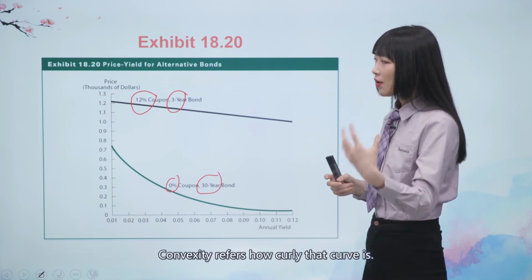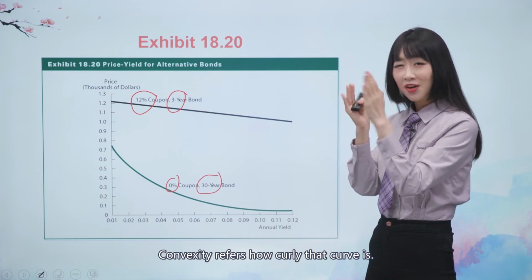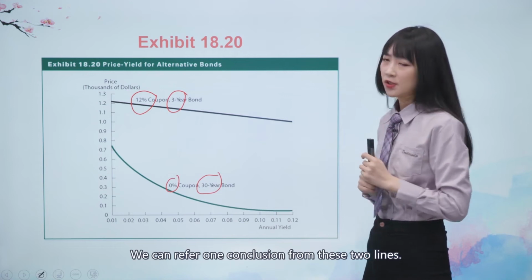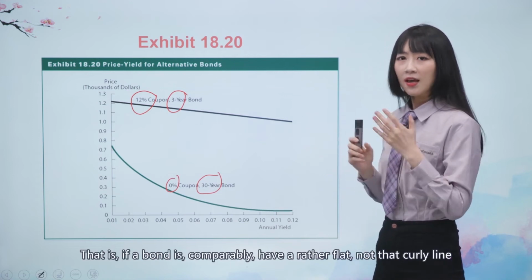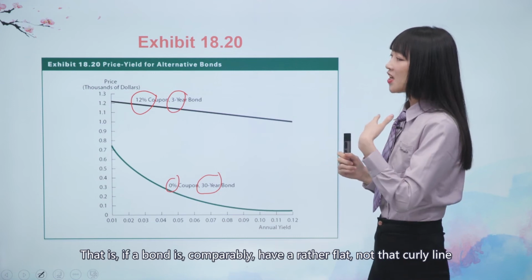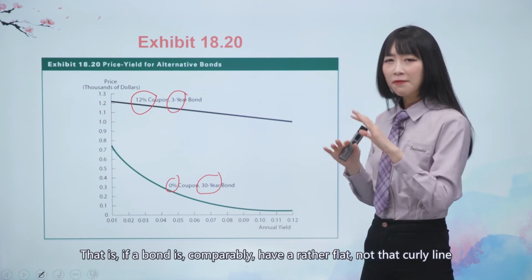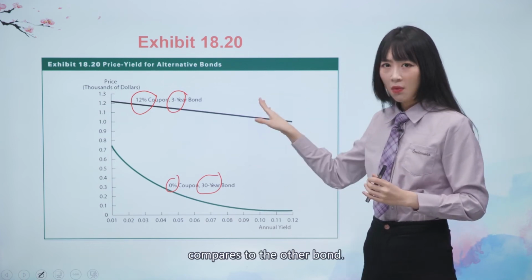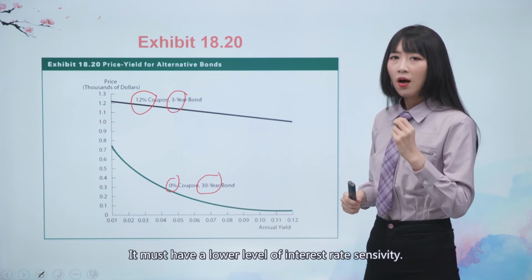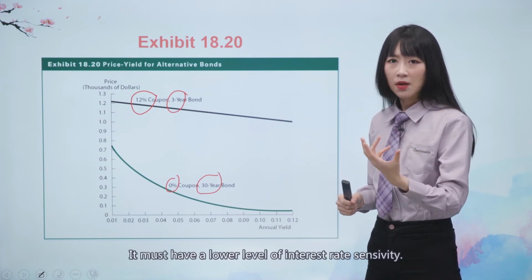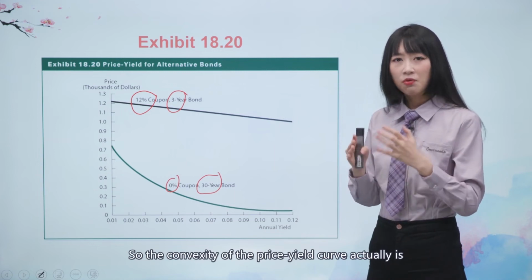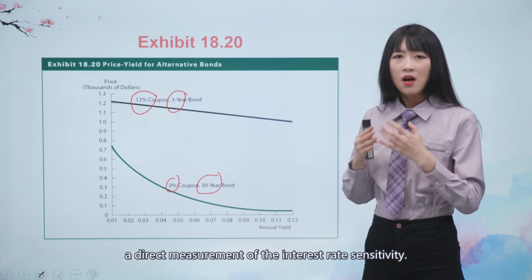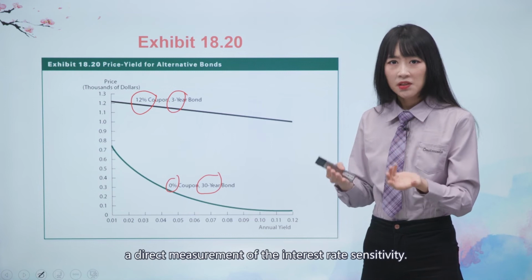Convexity refers to how curvy that curve is. We can draw one conclusion from these two lines: if a bond has a rather flat, not so curvy line compared to the other bond, it must have a lower level of interest rate sensitivity. So the convexity of the price-yield curve is a direct measurement of the interest rate sensitivity.